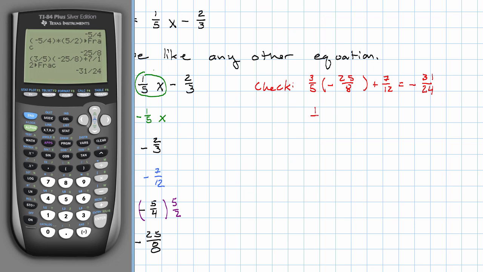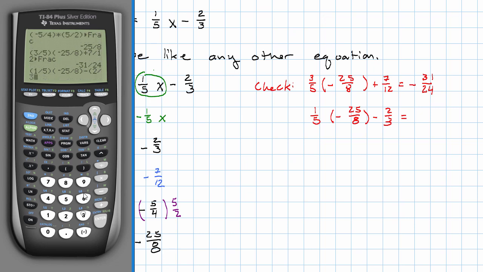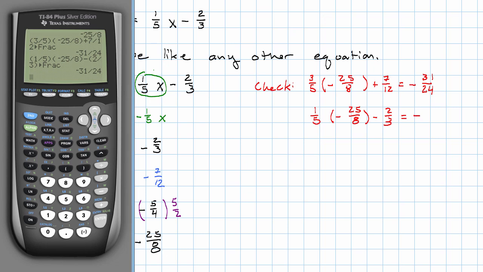On the other hand, 1/5 times negative 25/8 minus 2/3 as a fraction is, again, negative 31/24. No problem.